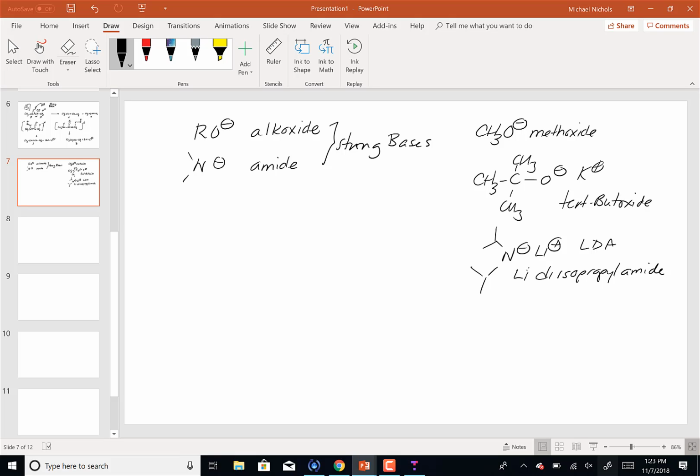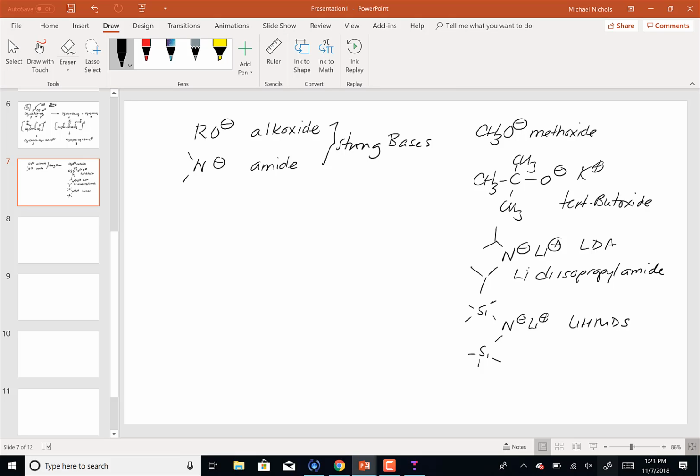That's more a modern day one. There's another one that I've used in research ever since I was at graduate school, and that's to take this nitrogen, add two trimethylsilyl groups on it, and you form lithium hexamethyl disilazane.